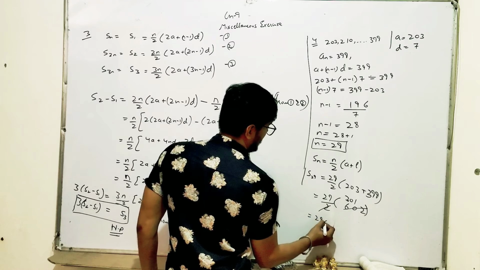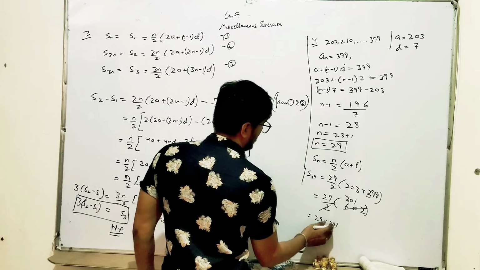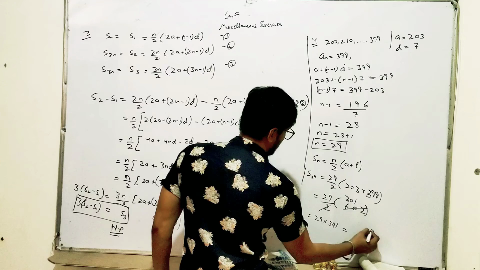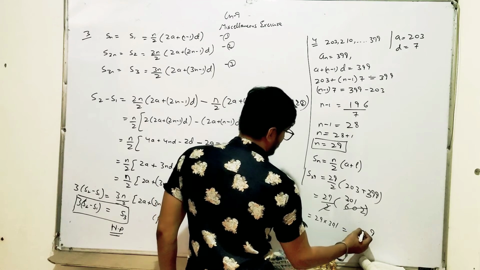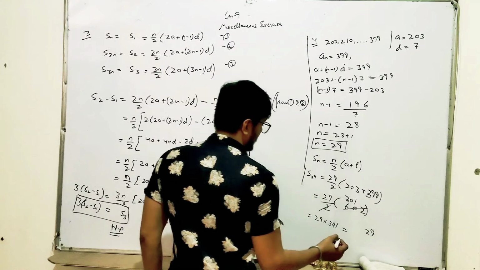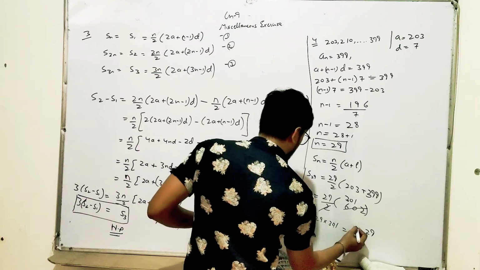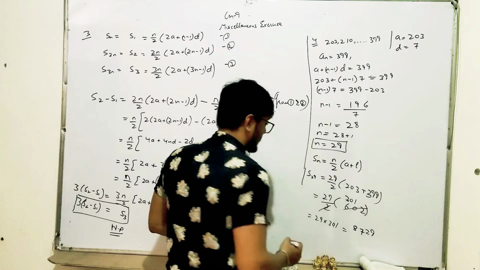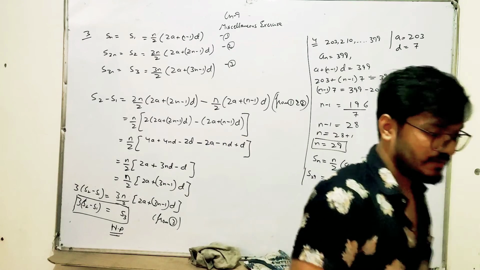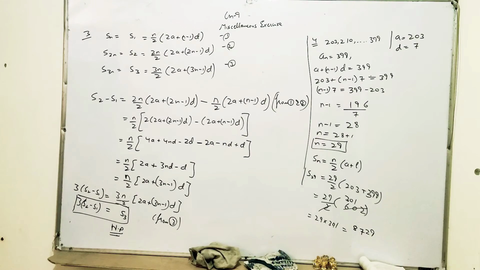So 29 multiplied by 301, right? Which is equal to 29 times 300 plus 29, so 8700 plus 29, 8729 is our answer for this question, right?